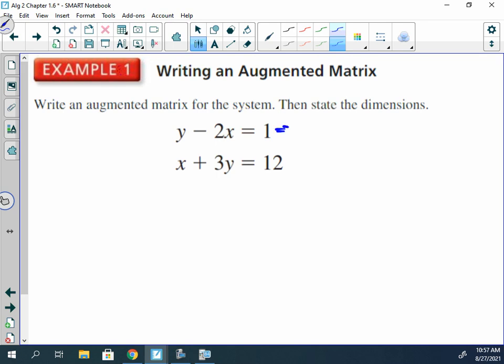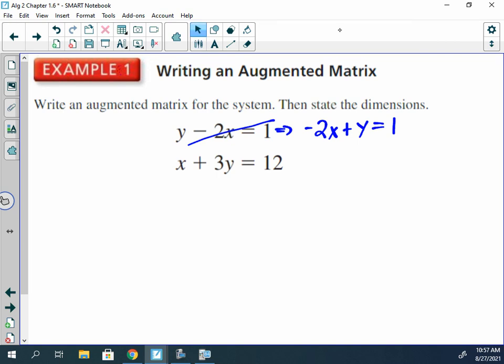X. Well, I can just flip them, yes? So how would I rewrite it? Negative 2x plus y is equal to 1. So we're not using that anymore. Since the negative is in front of the 2x, we take it with it. Since it's minus 2x, that's the same as negative 2x.